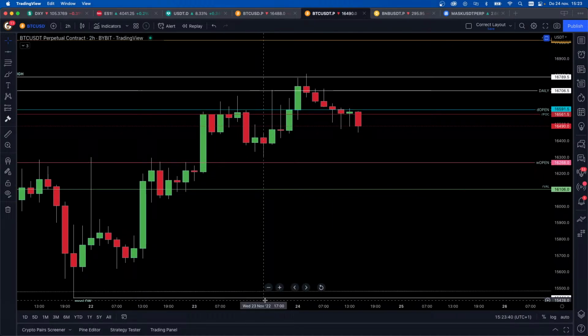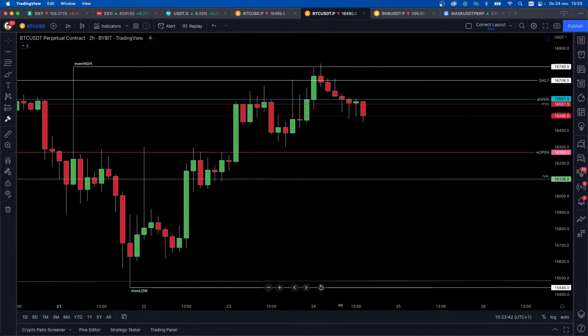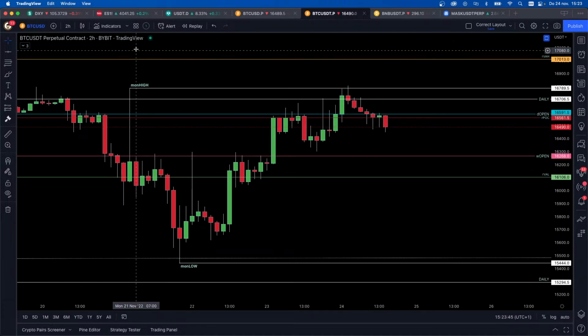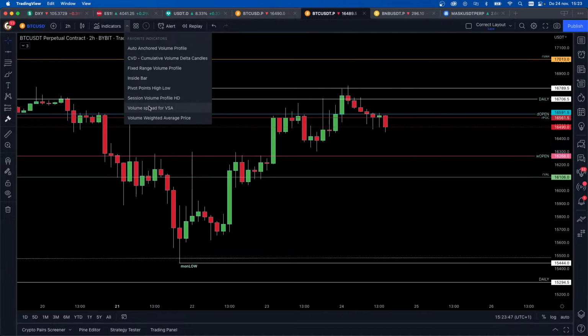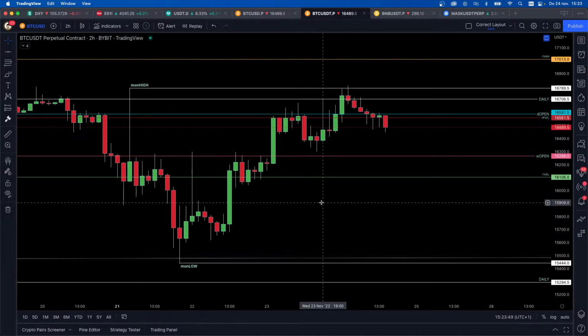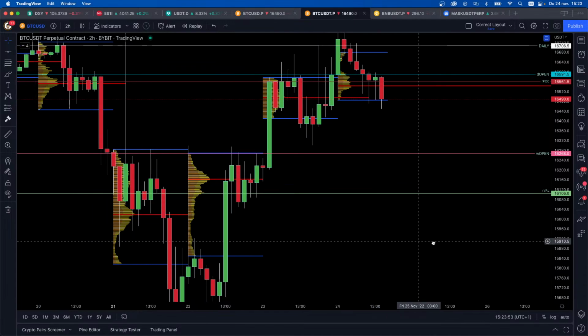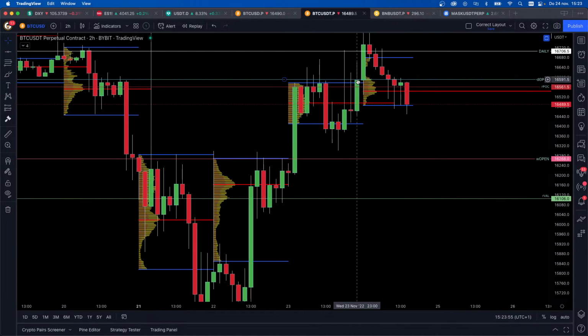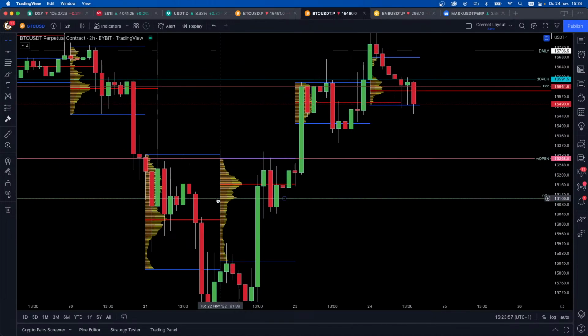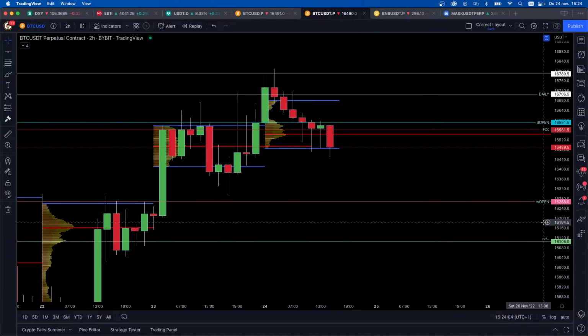So then once I have all my levels, I would like to place the session volume profile on my chart, to look for any naked points of control. So this is the volume profile of each day. Here you can see how much volume has been trading on a given day.